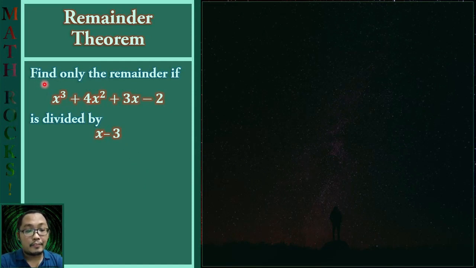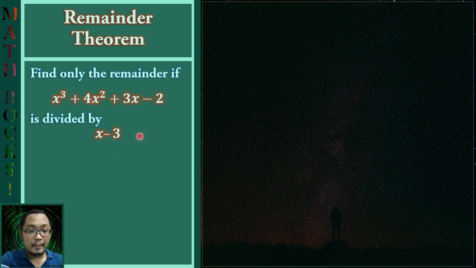Here we have to find only the remainder if this polynomial is divided by X minus 3. There are two possible ways to come up with an answer here. One, by using your knowledge on how to divide such polynomial by X minus 3 using synthetic division.